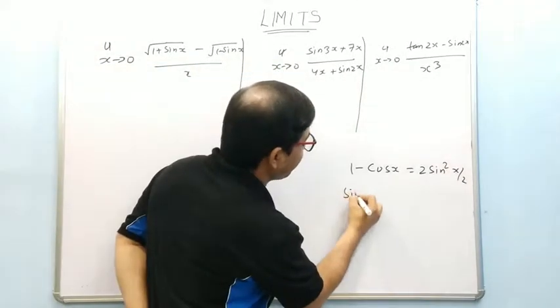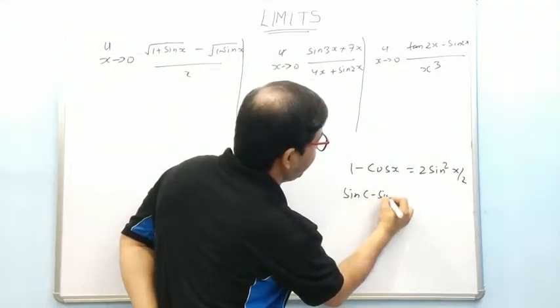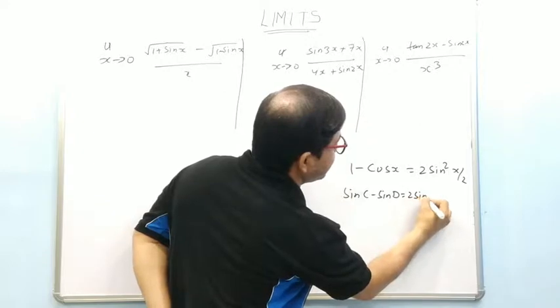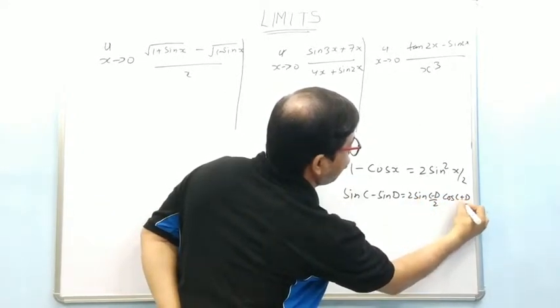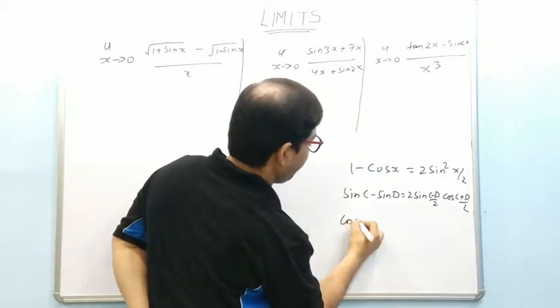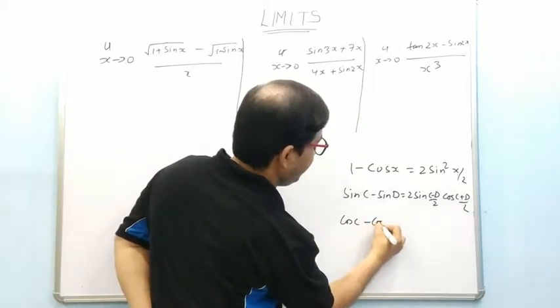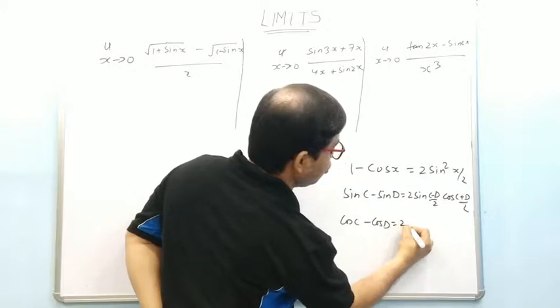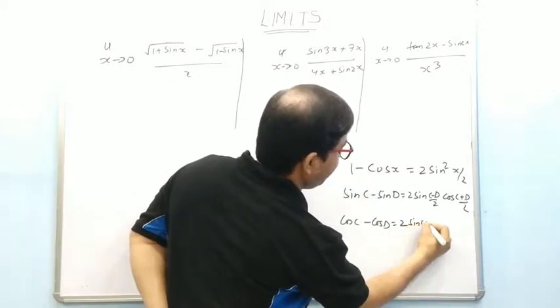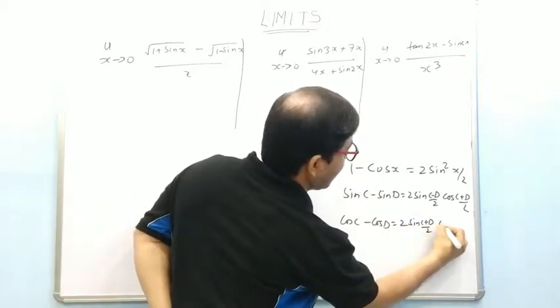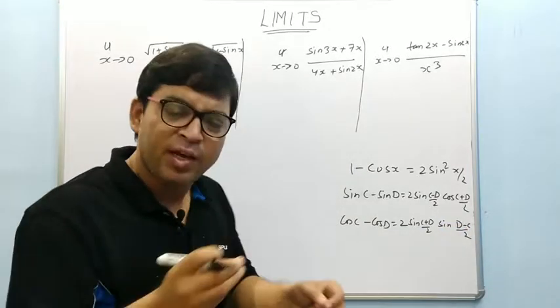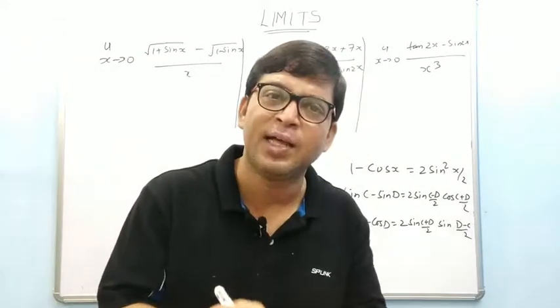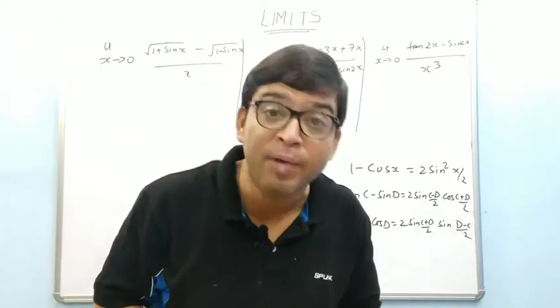Sin c minus sin d is 2 sin c minus d by 2 into cos c plus d by 2. Cos c minus cos d is 2 sin c plus d by 2 into sin d minus c by 2. This is a very important formula. You just remember that. That is very useful in limit problems.